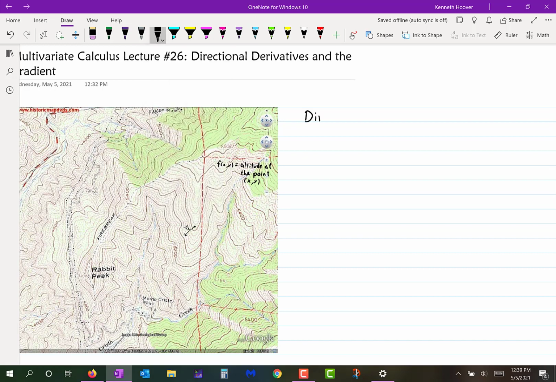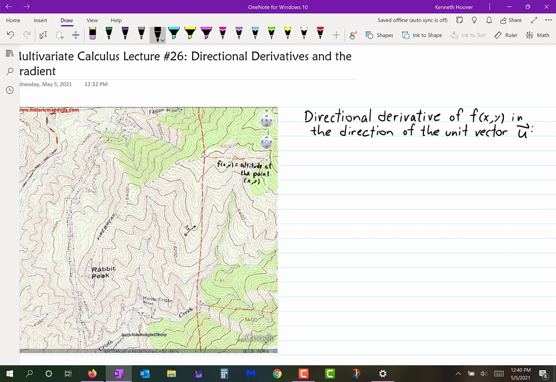Okay, so the directional derivative of f of x, y, let's say, in the direction of the unit vector u.